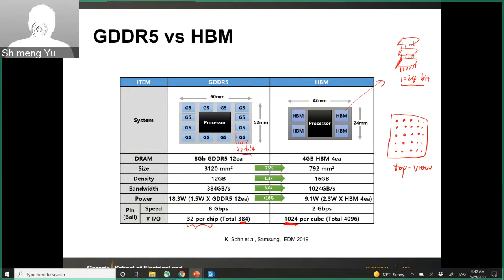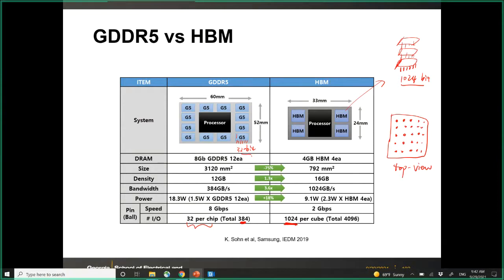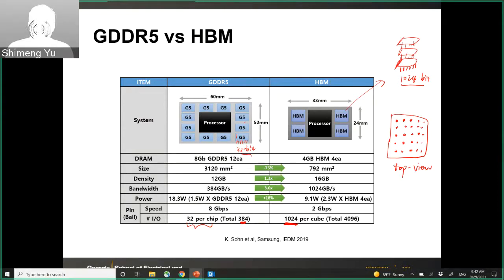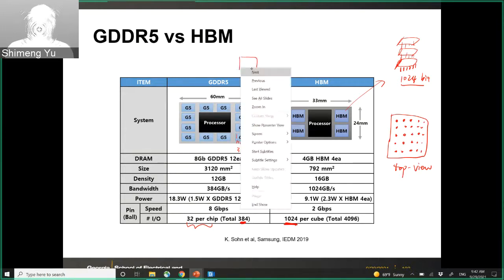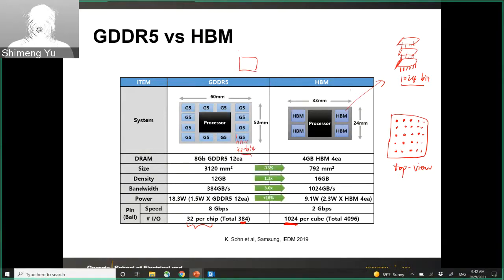But in the traditional design, the connections come from the pad. A pad is on a 2D space, and normally you have the pad at the edge of the array. So that is very limited in terms of the number of pins for the traditional design.